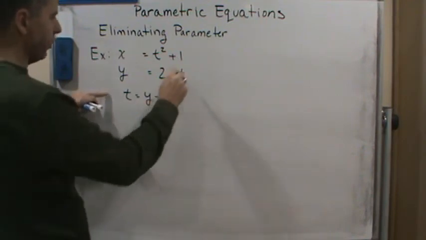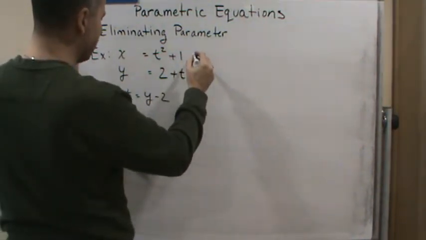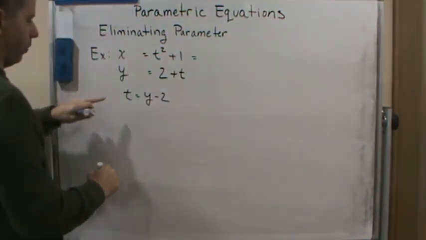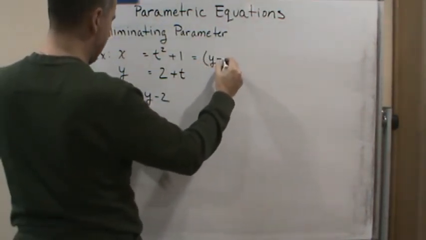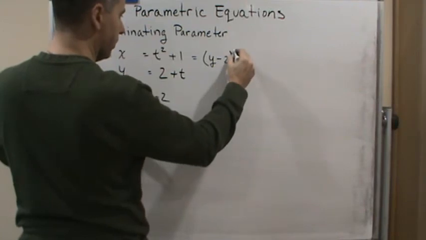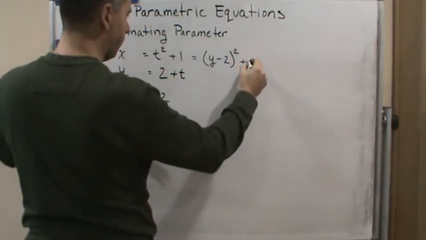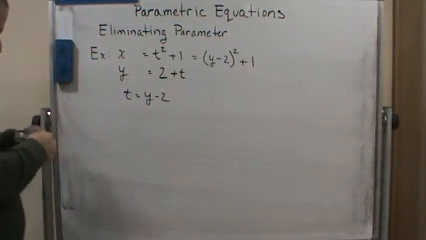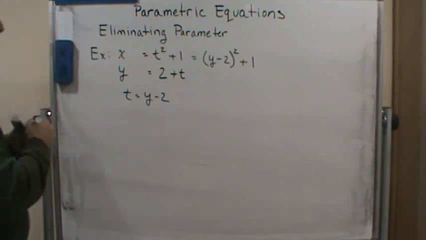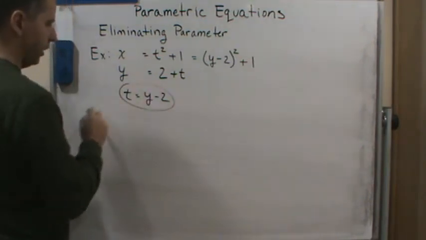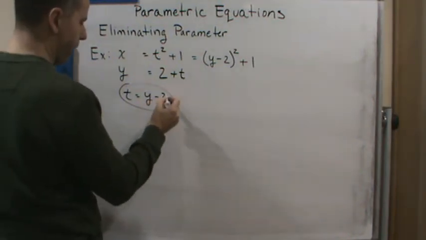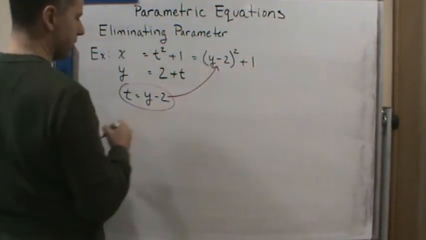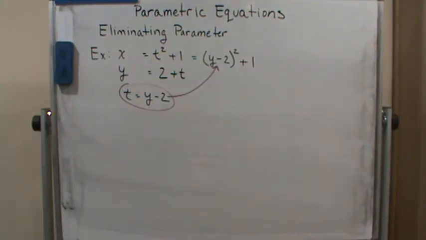So what am I going to get? I'm going to get y minus 2 squared plus 1. So I just took this and substituted for t in the first equation.